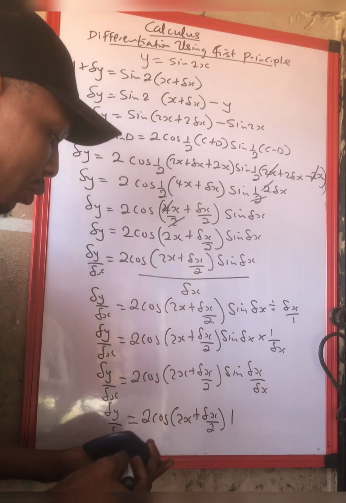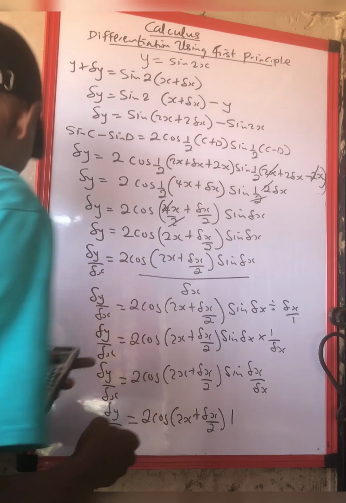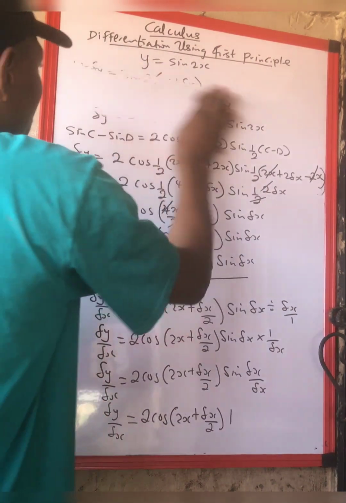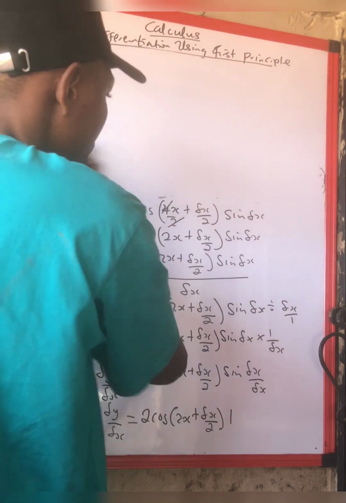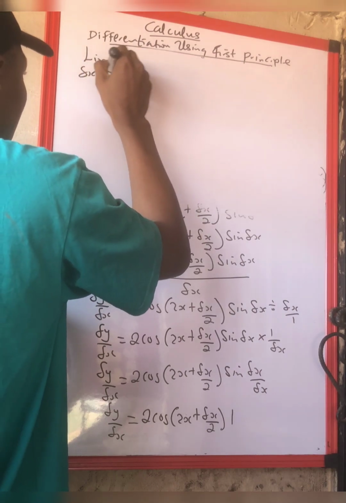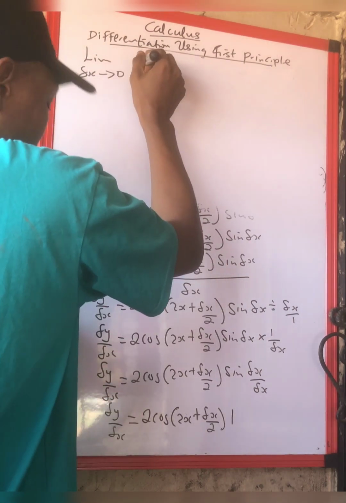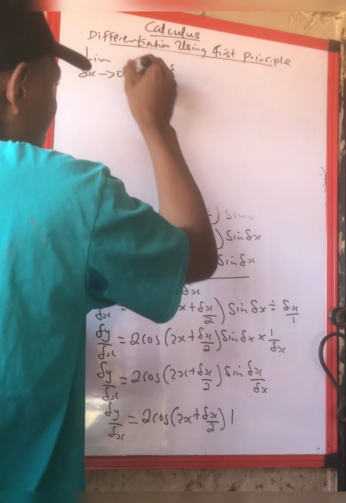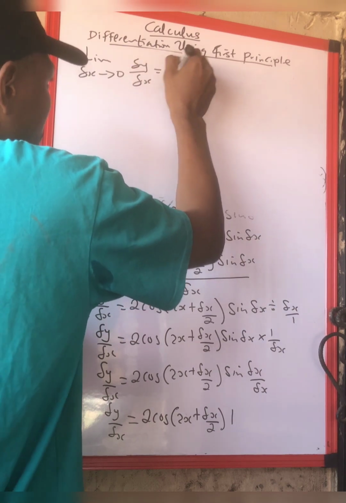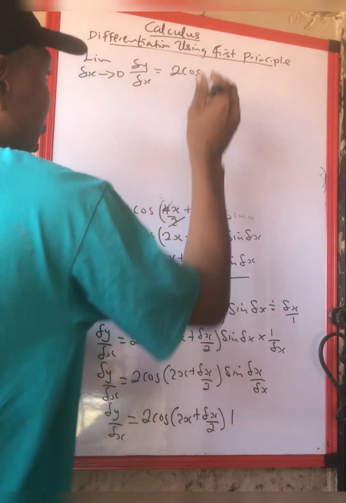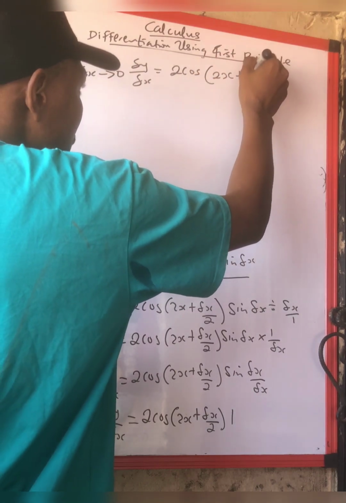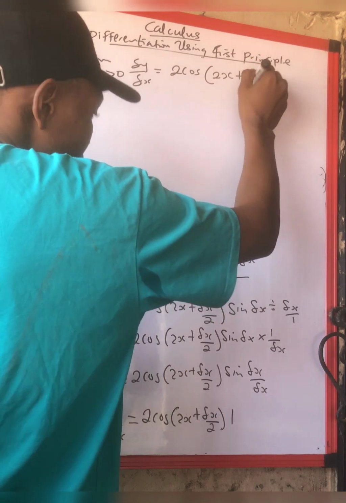Even after this, we are still having change in x in our expression. What you will do is take the limit as change in x approaches 0. So it becomes dy/dx equals 2 cos(2x plus 0 over 2).